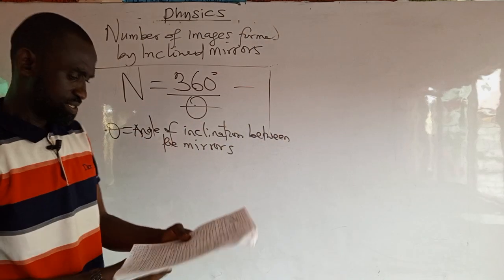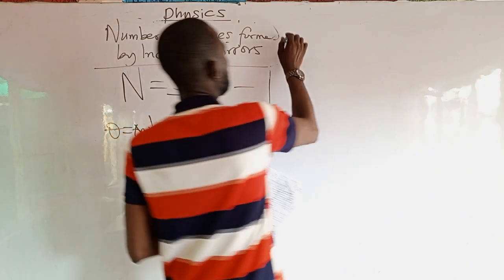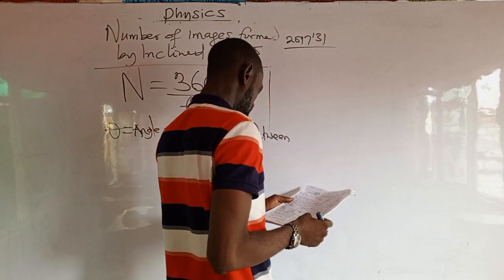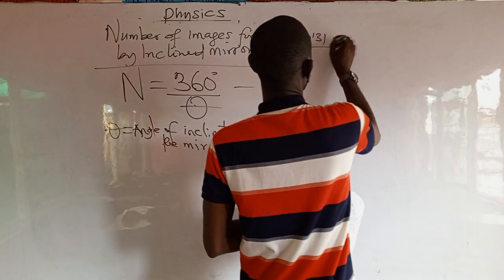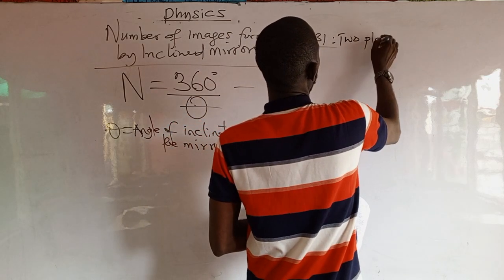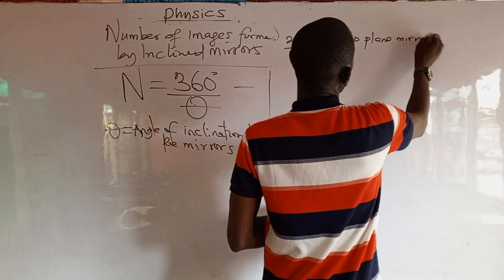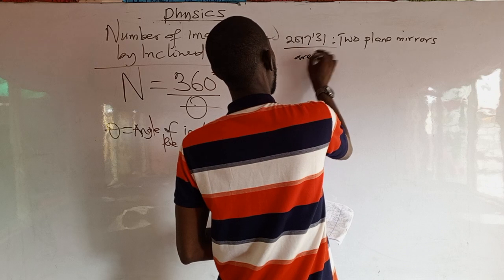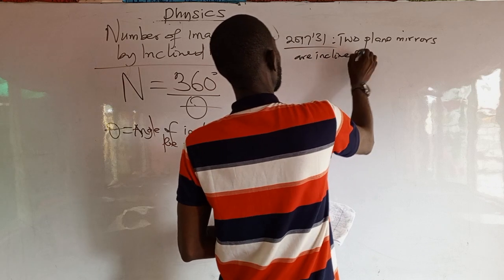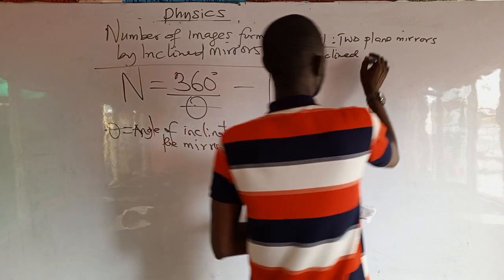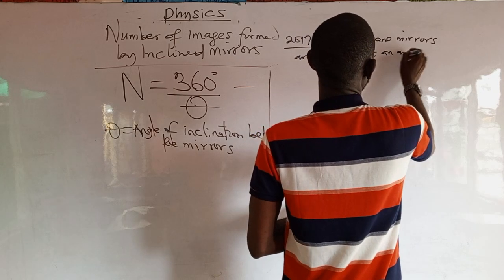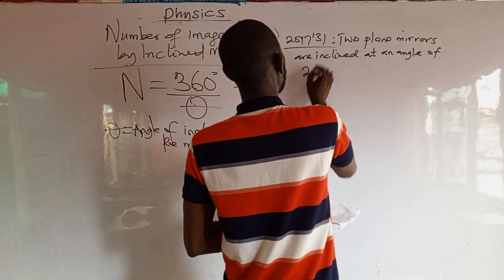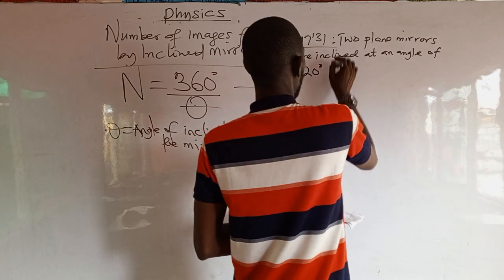So we have 2017 number 31. Two plane mirrors are inclined at an angle of 20 degrees to each other.